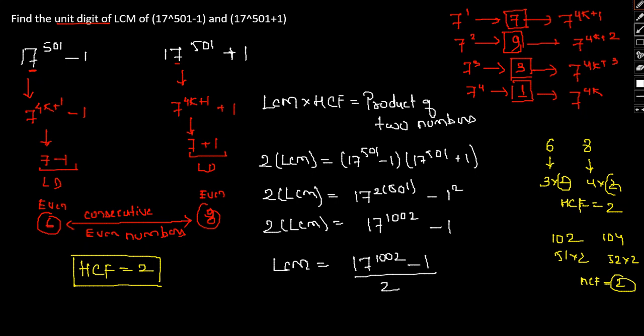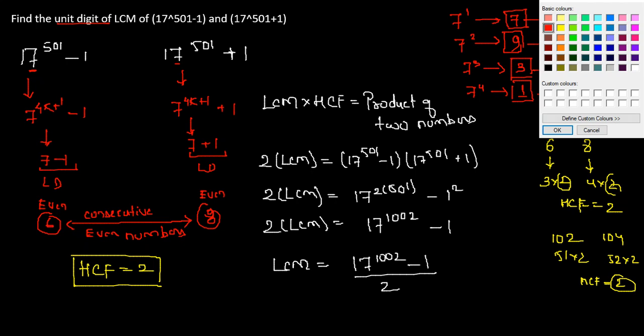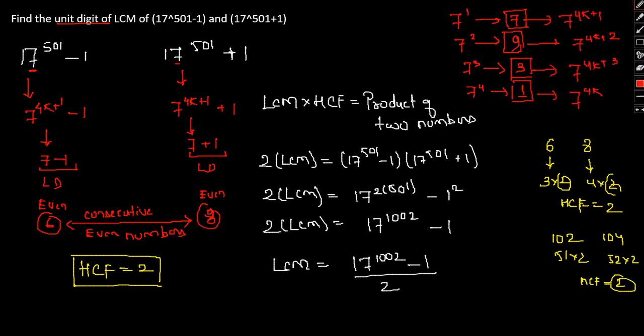Now all I am concerned with is the unit digit, right? So again, 7 to the power 1002. I can write 1002 as 4k plus 2, since we know 1000 is divisible by 4.